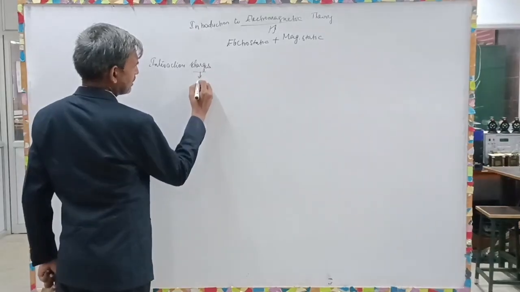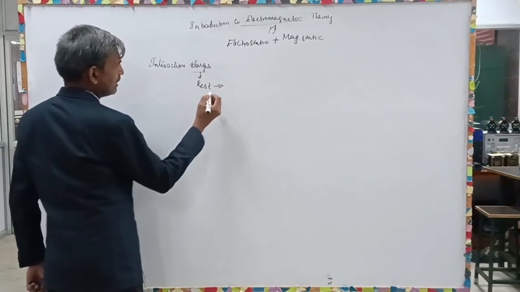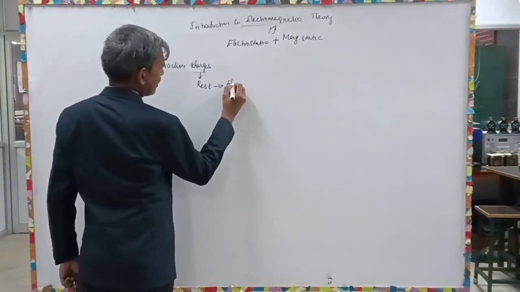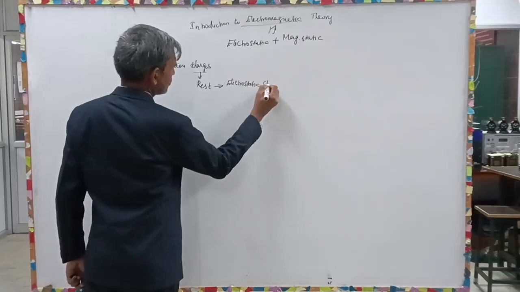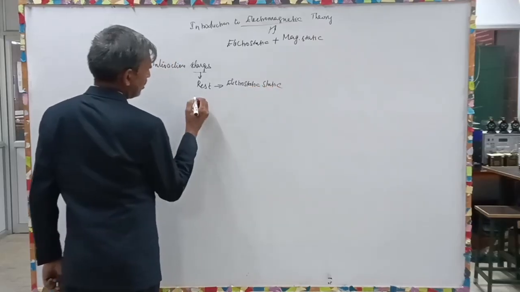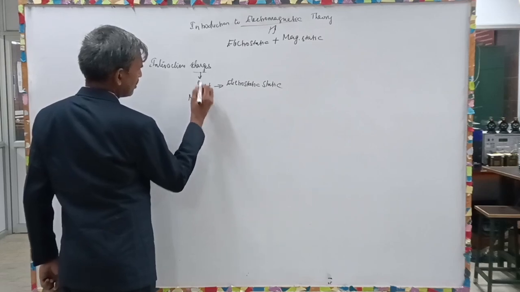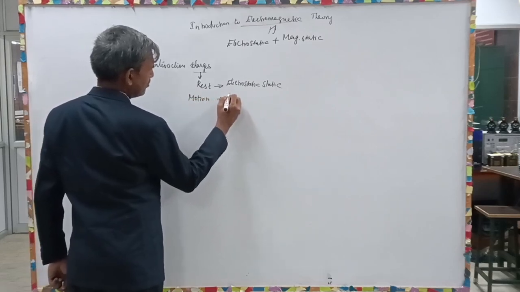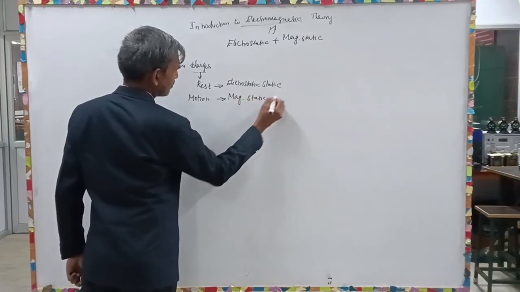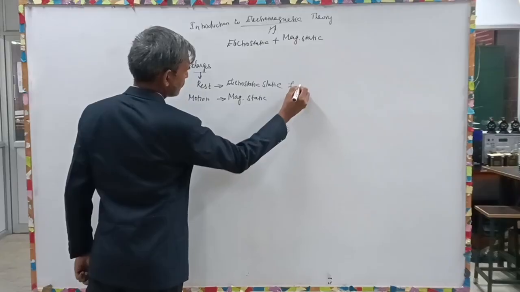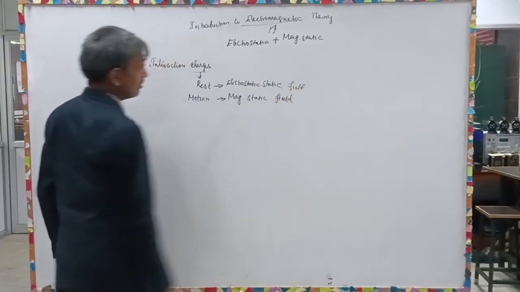If charges are at rest, that deals with electrostatics. If charge is in motion, that deals with the magnetostatic field. This is for the electrostatic field and this is for the magnetostatic field.